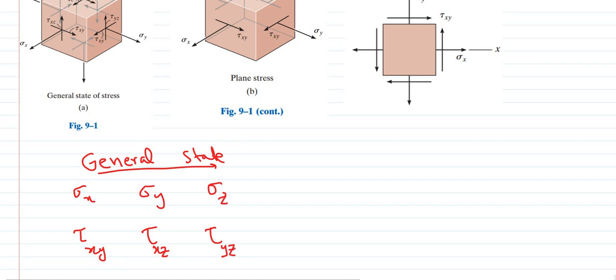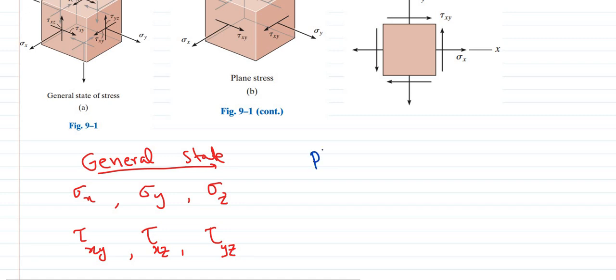We need to know these components in order to completely define the general state of stress at a point. In case of plane stress, this reduces to a rather simpler situation.